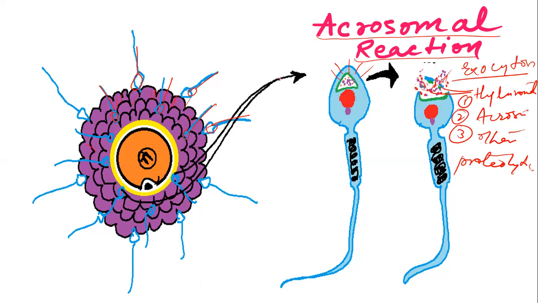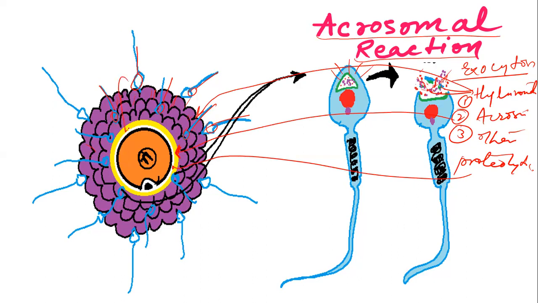Hyaluronidase will help in the dispersion of the corona radiata cells, acrosin will help in the dissolution of the zona pellucida, and the other proteolytic enzymes will help in the dissolution of the matrix, or you can say the perivitelline space. Like this, the sperm will cross all these barriers to reach the ova or oolemma.